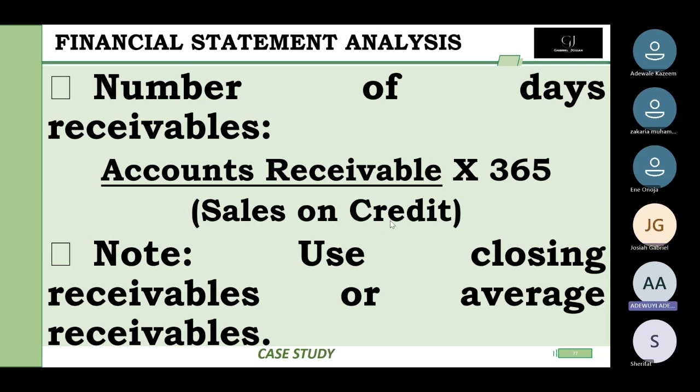For instance, when we have a credit sale of, let's say, 100,000 naira, and the customer has made payment of, let's say, 40,000, the credit sale that we made to the customer is 100,000, and after that 40,000, the receivable of that customer will be 60,000 naira. So credit sale is the origin of account receivables, basically.